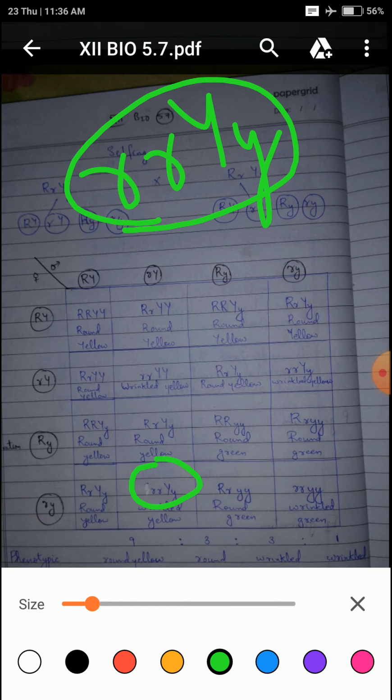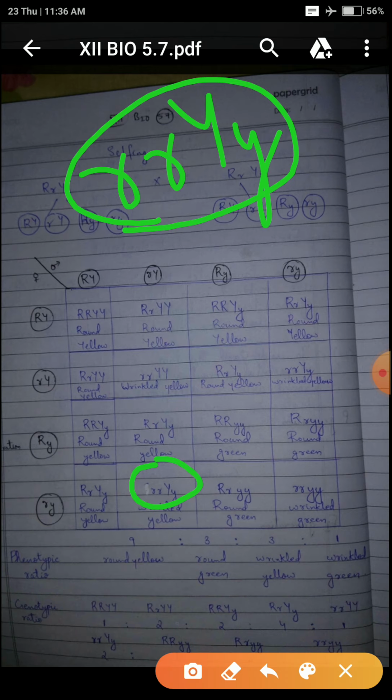If we count properly, we will have small r, capital Y, 1. Then any more starting with small r? Yes, but not capital Y, small y. So the small r, capital Y, small y is 1 here, and here it is 2.